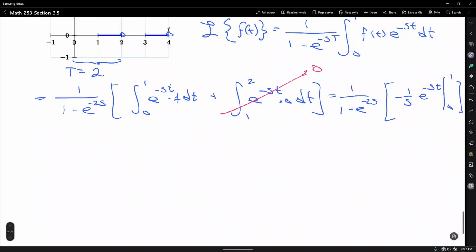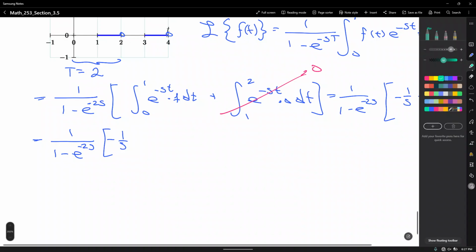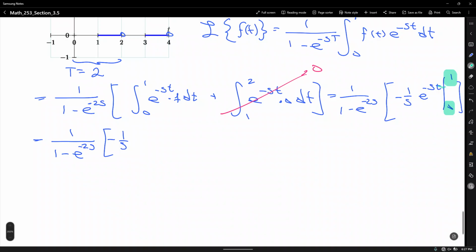Which is, what is that equal to? That equals 1 over 1 minus e to the negative 2s, open bracket, 1 over s, technically negative 1 over s. And again, the limits of integration go only for the variable t, not the variable s.